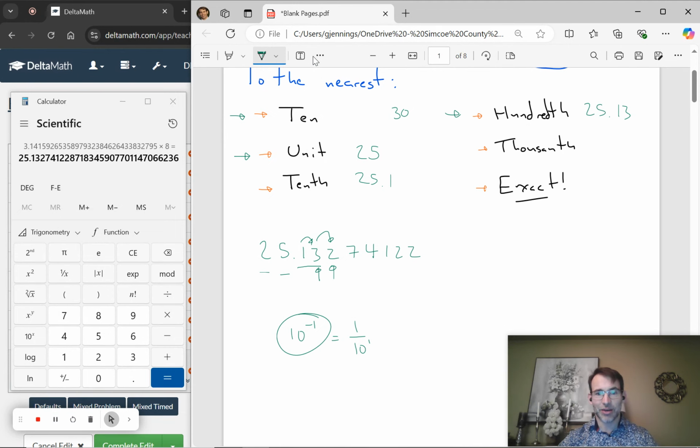To the nearest thousandth, on the other hand, we're really talking about getting it as correct as possible with that much detail. Then I look at this decimal place and I see, oh, wait, 7. I happen to know 7 is bigger than 5. So this one goes up. So this is 25.133, not 132. All right, so that's how this works.